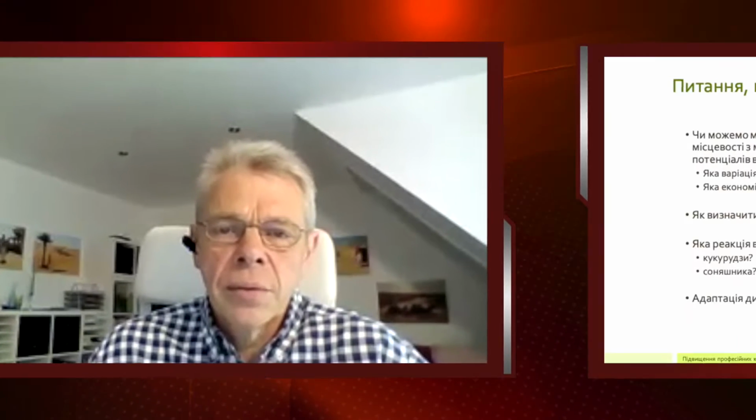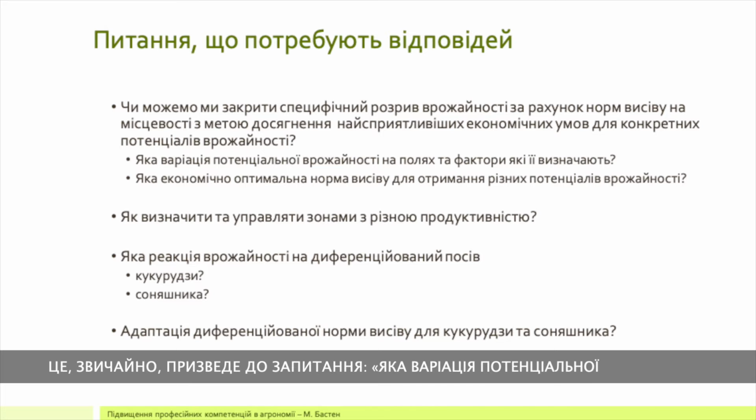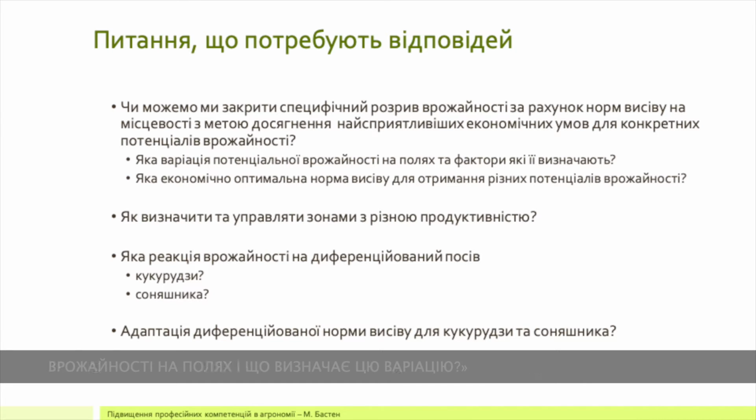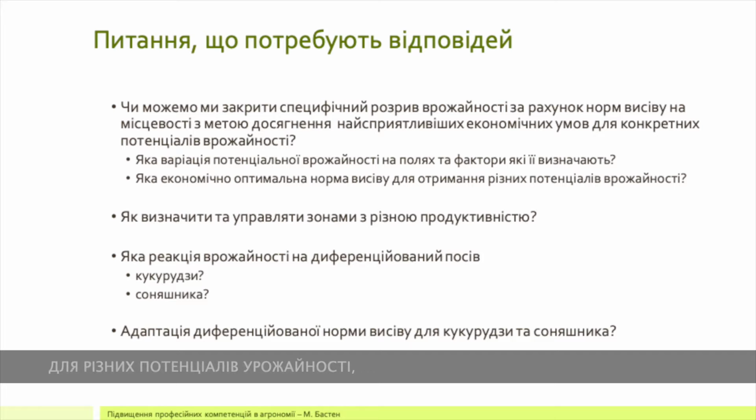within the field? That, of course, will lead to the question: what is the in-field variation of the yield potential, and what determines this variation? And then the next one would be, is there something like an economic optimum seed rate for different yield potentials in the field?